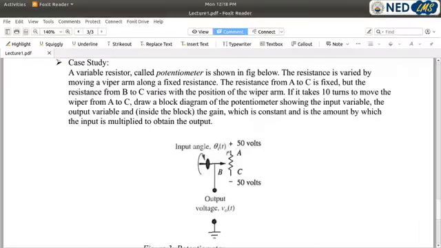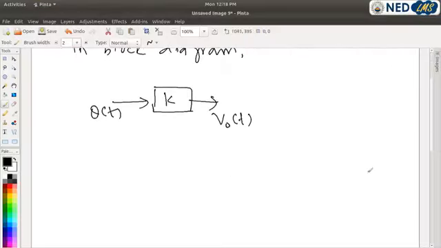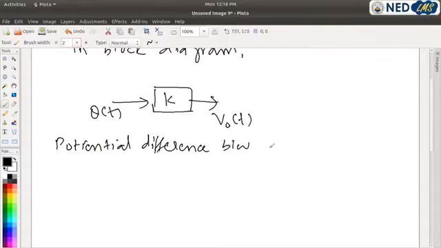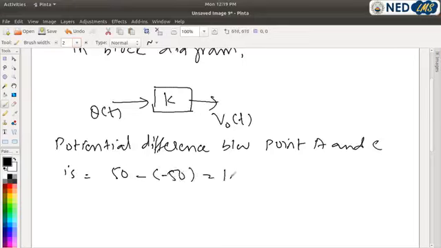Now let's find out the potential difference between point A and C, which is 50 minus minus 50, that is 100 volts.